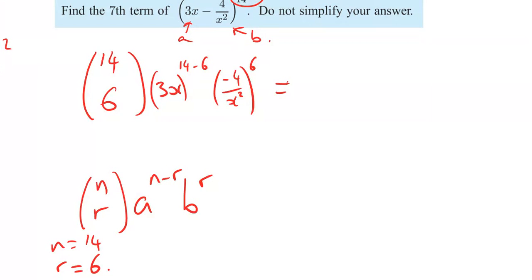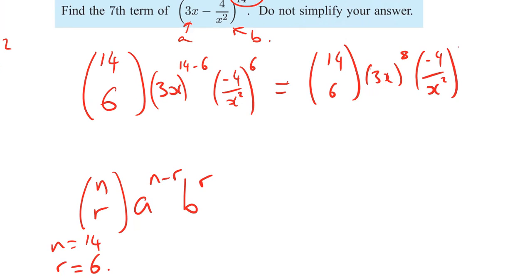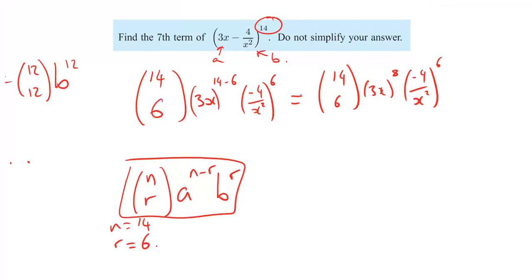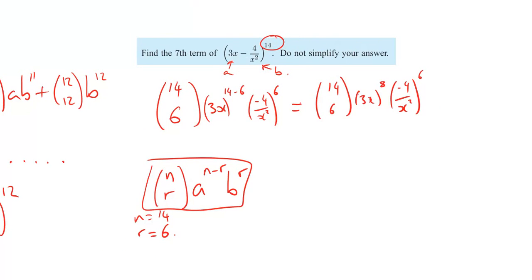Let's write this out just a little bit simpler than that. So we're going to have this as 14, 6 multiplied by 3x to the power of 8 multiplied by minus 4 over x squared to the power of 6. So this is going to be really important for us. We're going to need to remember that for lots of different examples in this video.